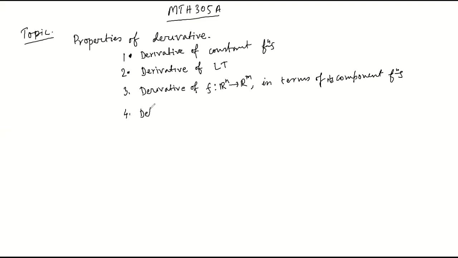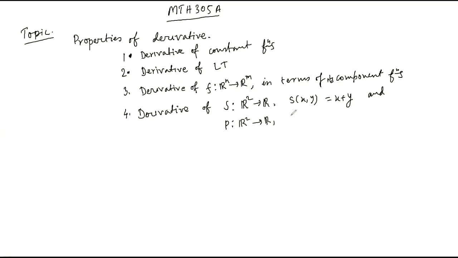So we consider the sum function s from R2 to R, where s of x comma y is equal to x plus y, and the product function p, also defined from R2 to R by p of x comma y equal to x times y.